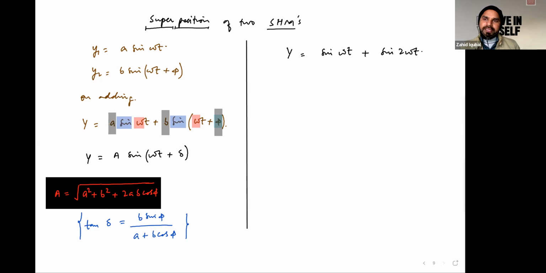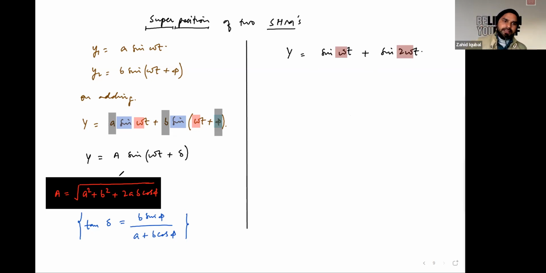So how to simplify it? You will say, since in this part we have different frequency or different angular velocity, omega and 2 omega, on adding these two terms, you will get periodic but not SHM.